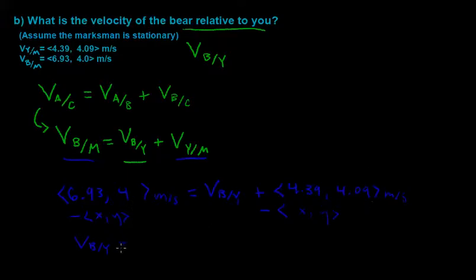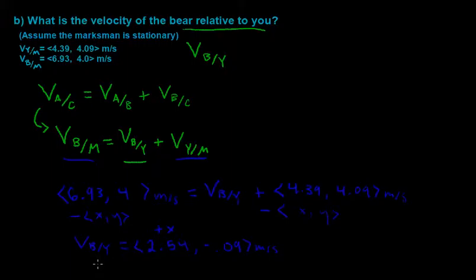And we get that in the x direction, the bear is moving 2.54 meters per second, and in the y direction, he's moving negative 0.09 meters per second.